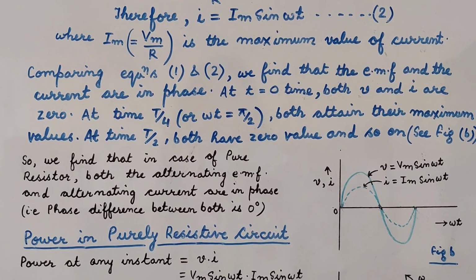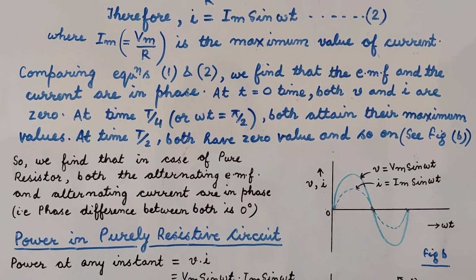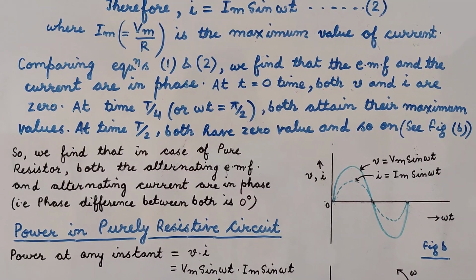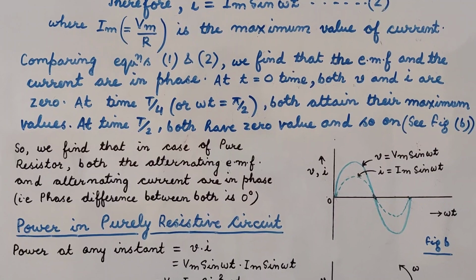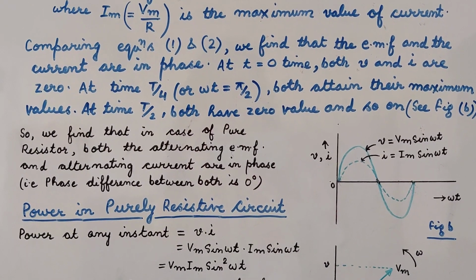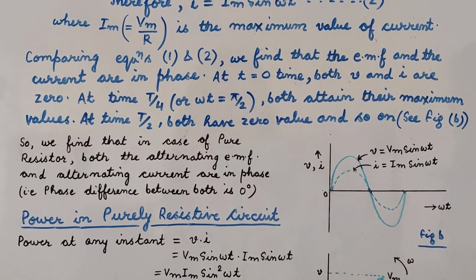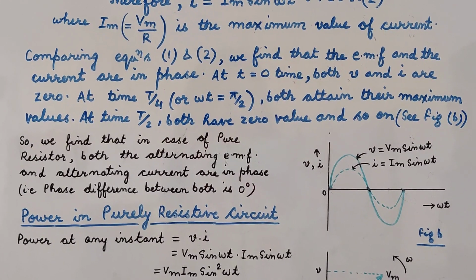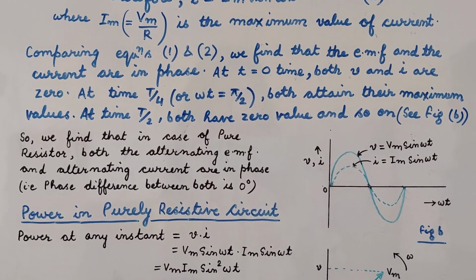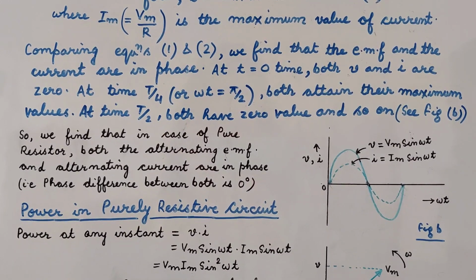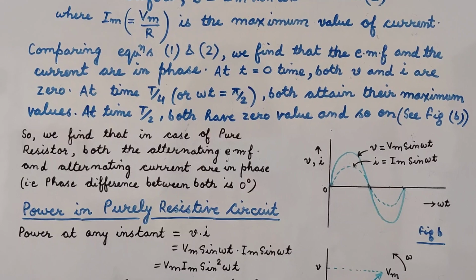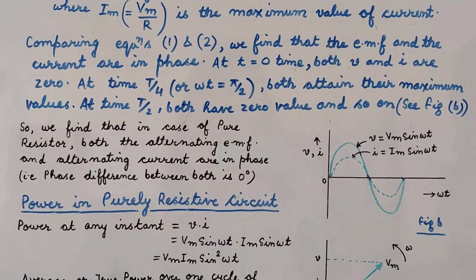So we can say that in case of a pure resistor, both the alternating EMF and the alternating current are in phase, or we can say that the phase difference between the alternating current and the alternating voltage in case of a pure resistor is 0 degrees. That is, there is no phase difference between the alternating EMF and the alternating current in case of a pure resistor.